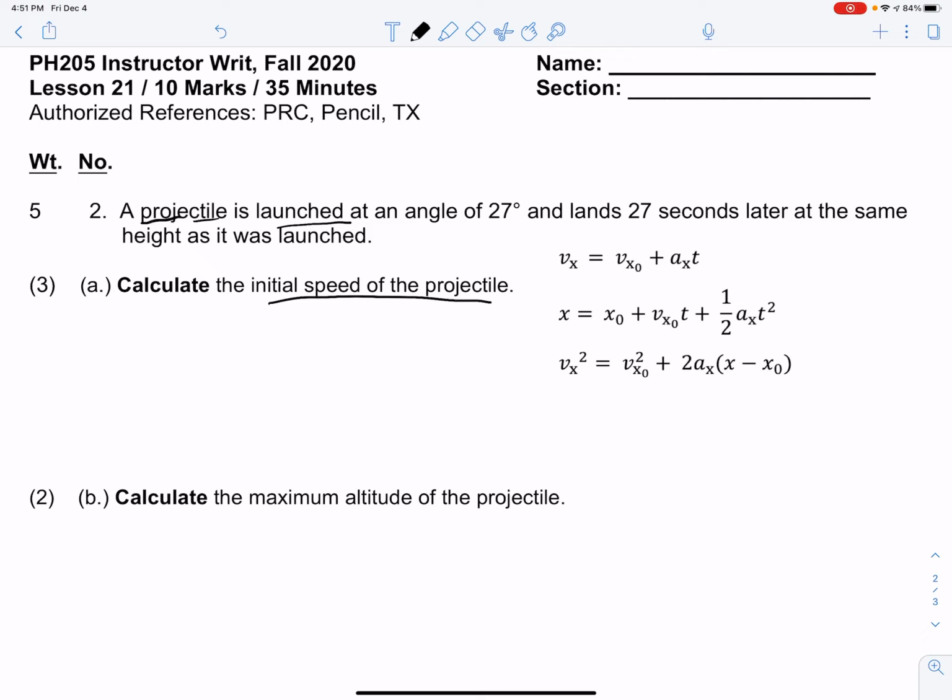So the first thing is what you have. You have angle and you have time. Okay? And also, one thing. You're not given a velocity, but you're given an angle. If you're given an angle, it means that you have velocity not only in the x direction, but you're also given velocity in the y direction.